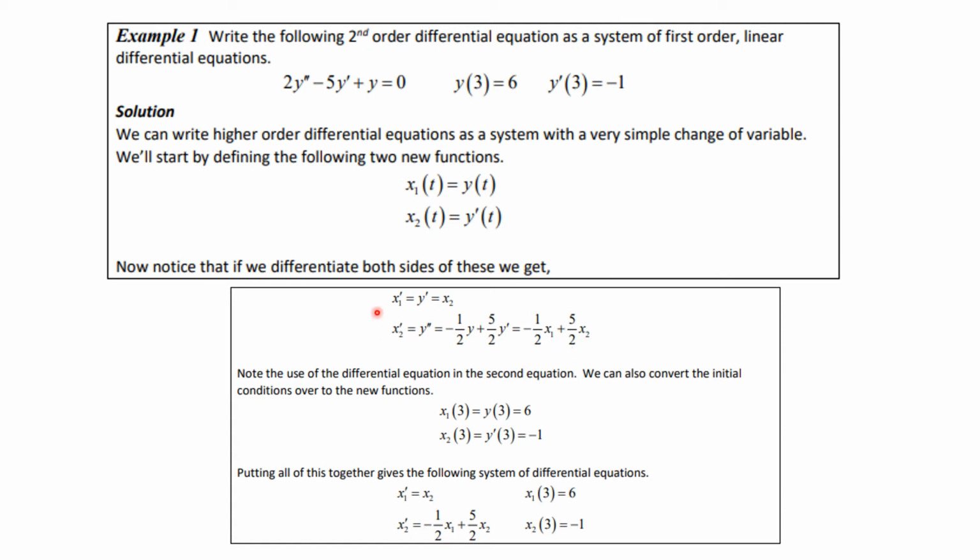So now I have x1 prime is equal to x2, x2 prime is equal to minus 1/2 x1 plus 5 over 2 x2. And in fact, I can use these definitions as well to change my initial conditions, so that I have x1 of 3 is 6 and x2 of 3 is minus 1. So when I put this all together, here is the system of differential equations, and you notice that it is a first order system of differential equations.